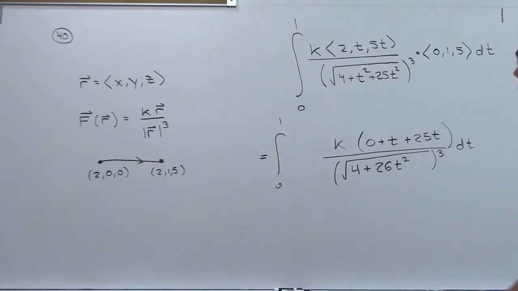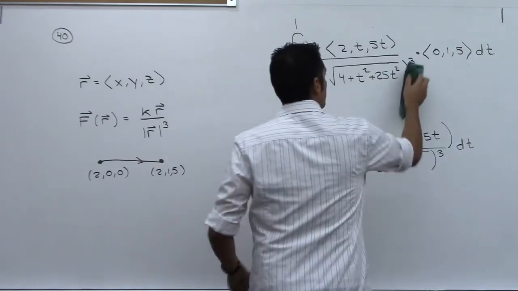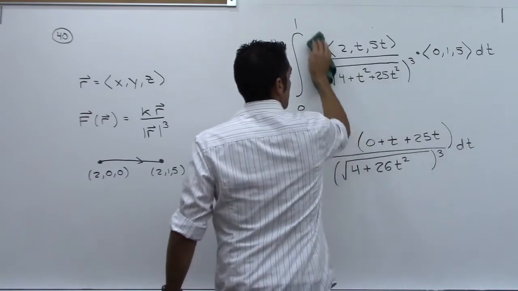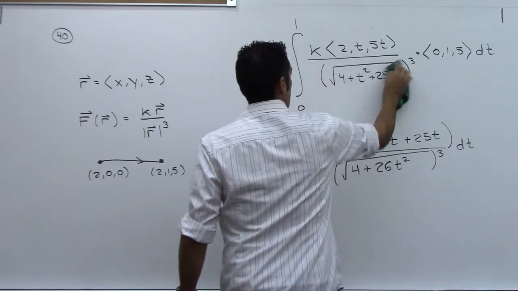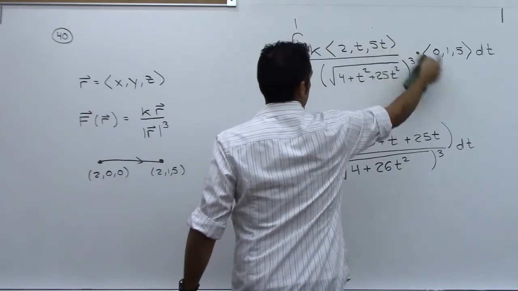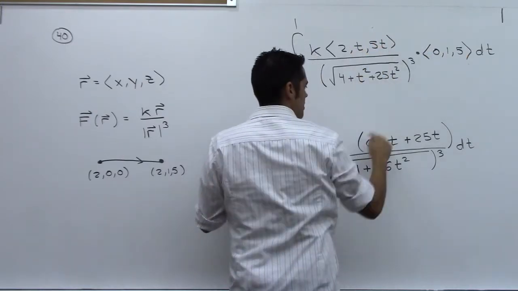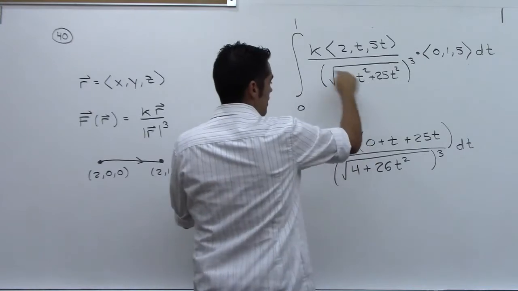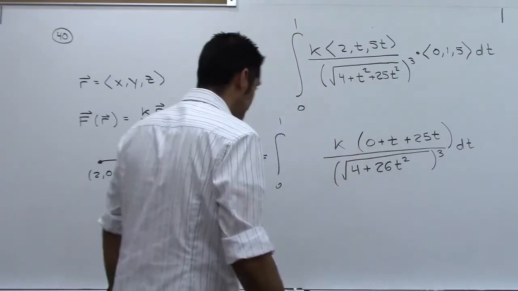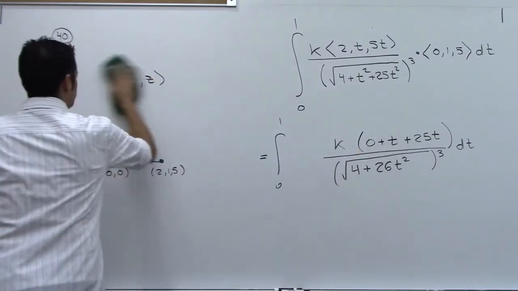All right, so I hope you kept track of what I did there. This right here is a constant, right? So I dot two vectors and get a number or a scalar function. So this and this gave me this part, and then I just multiply it by this thing, which is going to be some constant.